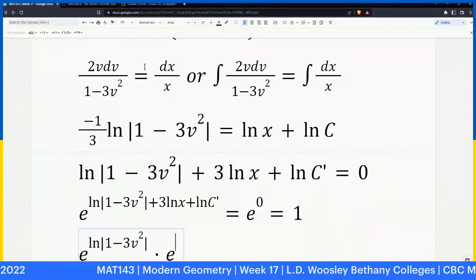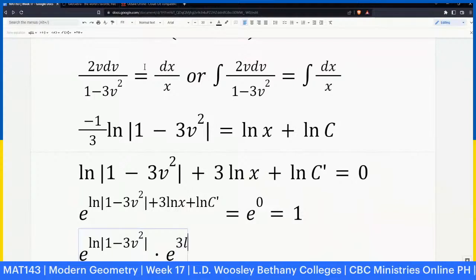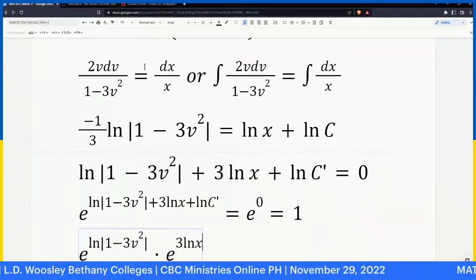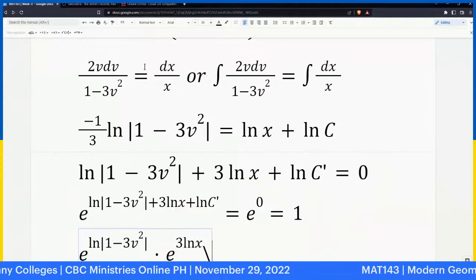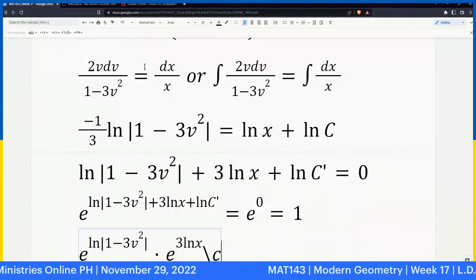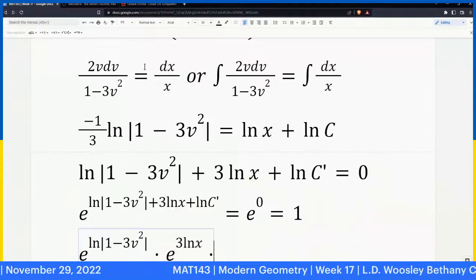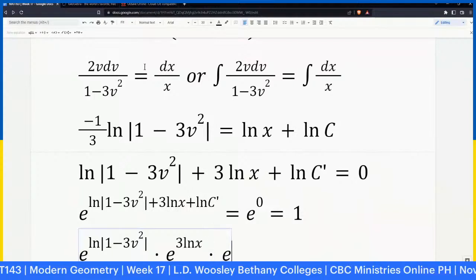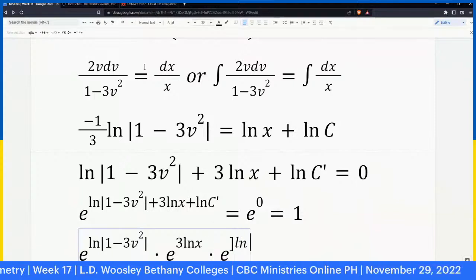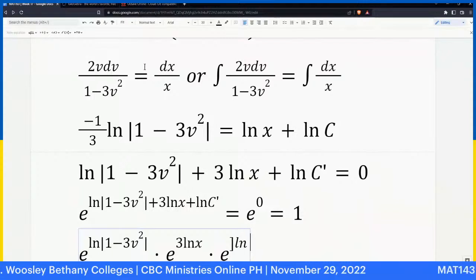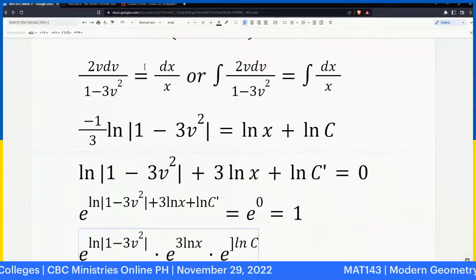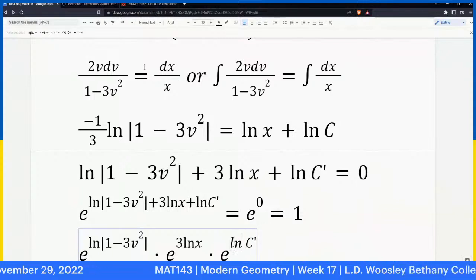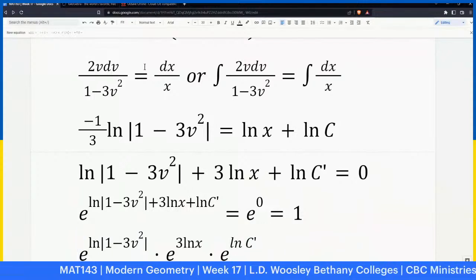Laws of exponent. 3 ln of x, okay, times E raised to ln of c prime is equal to 1.